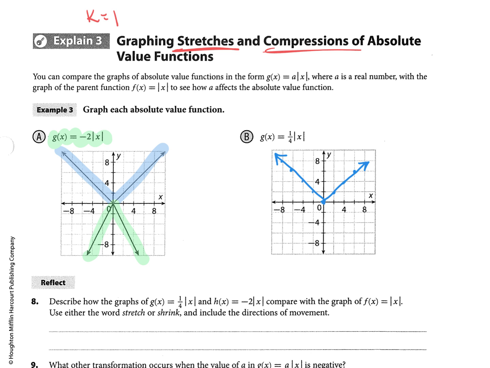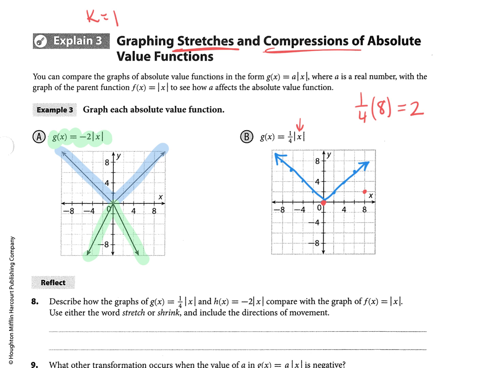If I plugged in 0 into this function, the absolute value is 0. 0 times 1/4 is still 0. If I put in 8, the absolute value of 8 is just 8, and 8 times 1/4 is 2. So we're going to go over to 8 and up to 2.